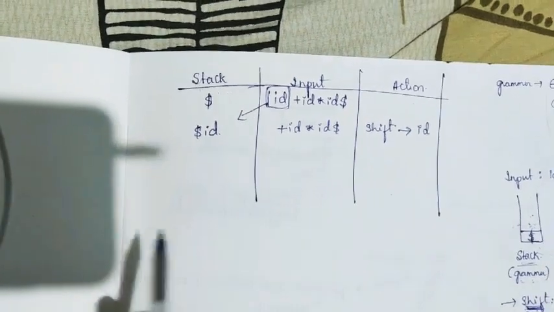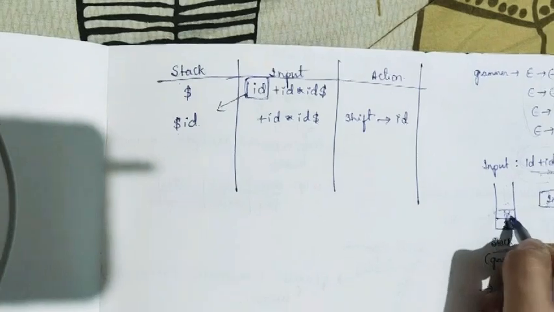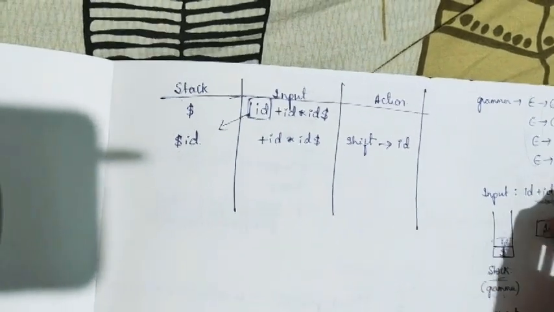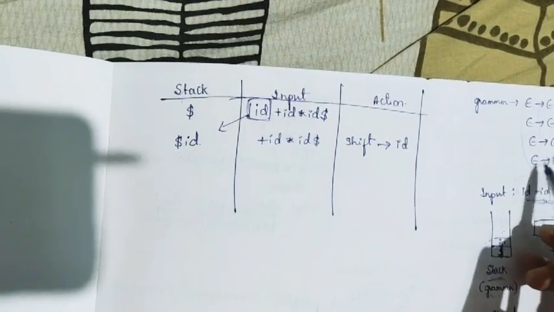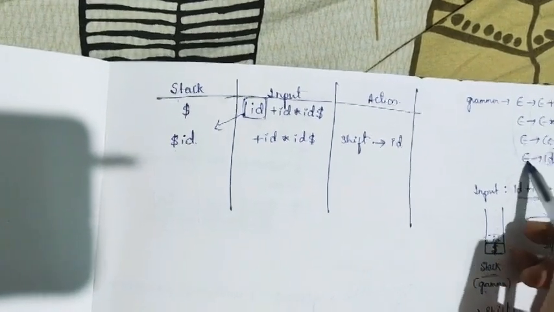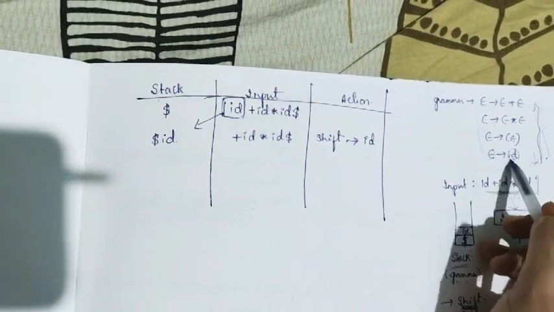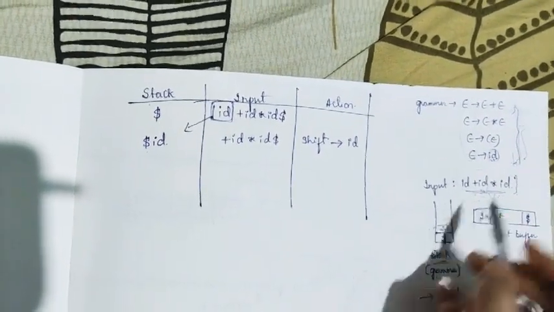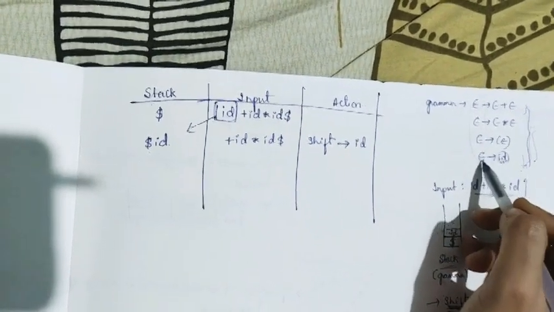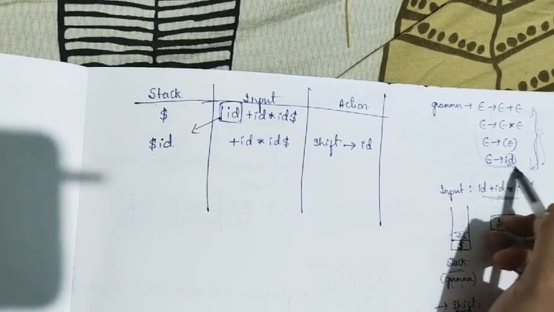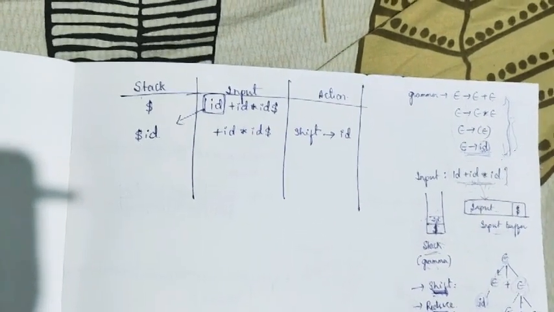After this, now in our stack we have ID. Once we have ID in our stack, we will check the grammar. In our grammar for ID we have a production E produces ID. So now in my stack I have ID, and when I check this grammar, I can reduce this particular ID to the start symbol because I have a production here. So that is why the next action will be the reduce technique.